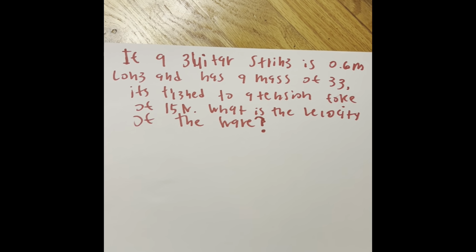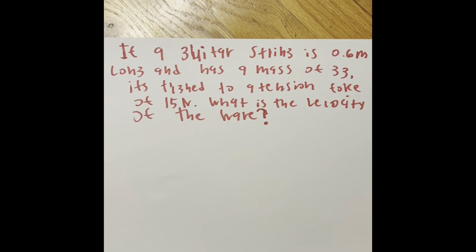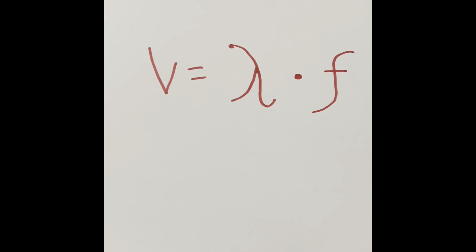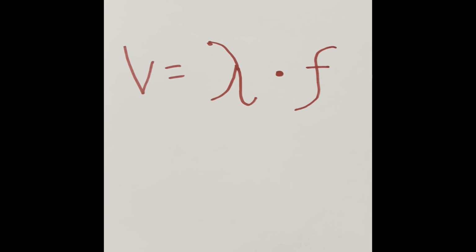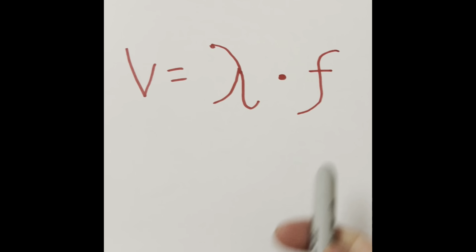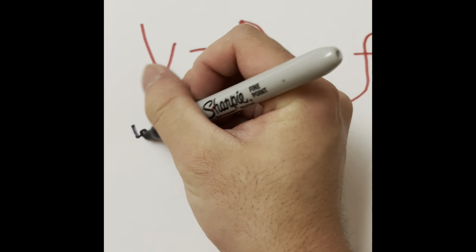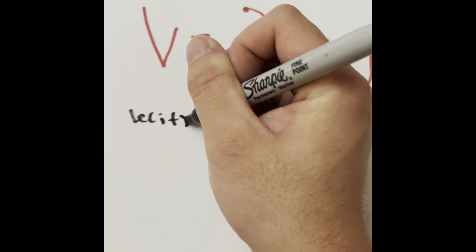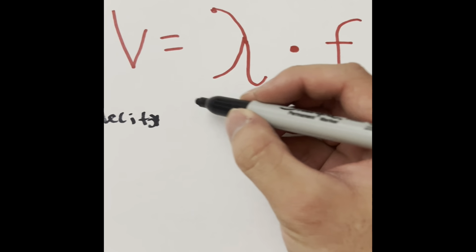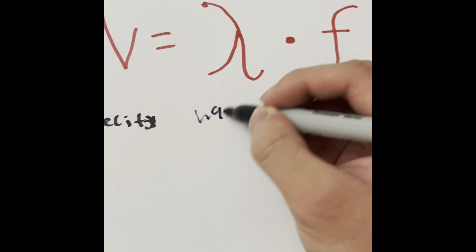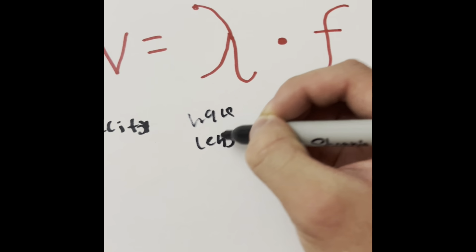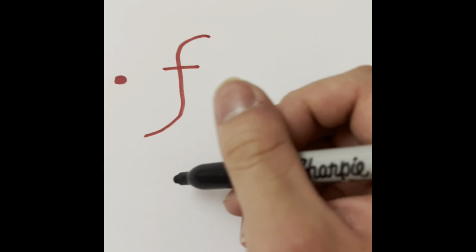There are 2 formulas that we'll need to help solve this problem. The first one is V equals the wavelength symbol multiplied by F. That is saying the velocity is going to equal the wavelength multiplied by the frequency.